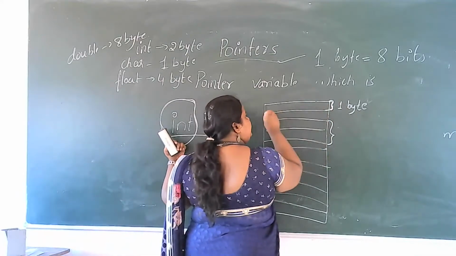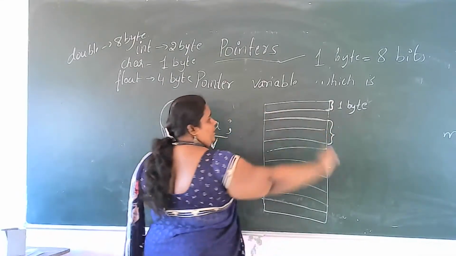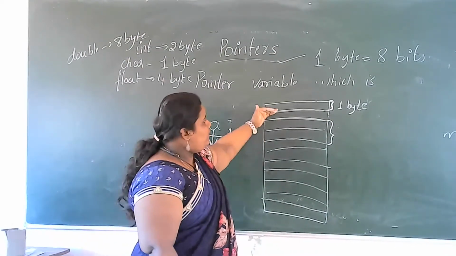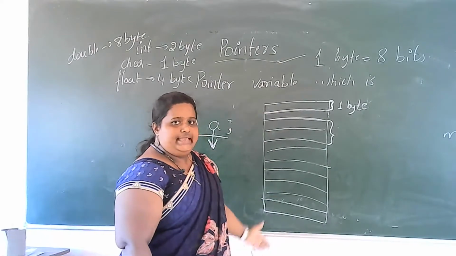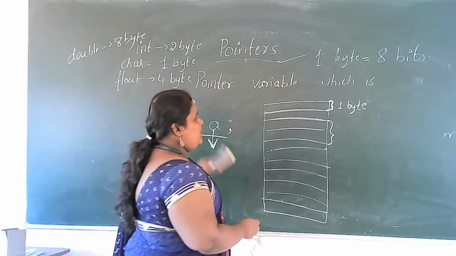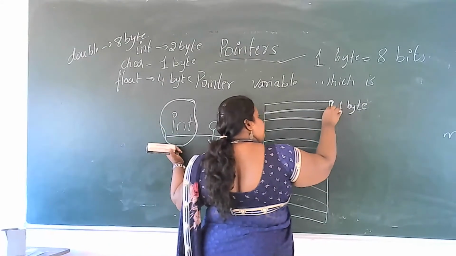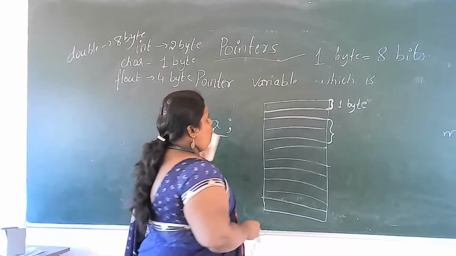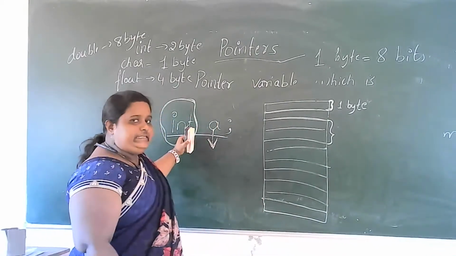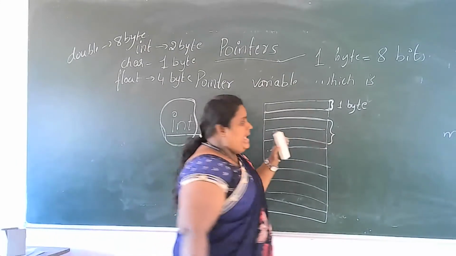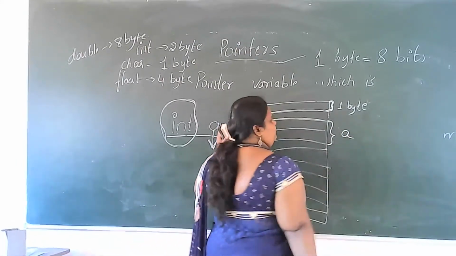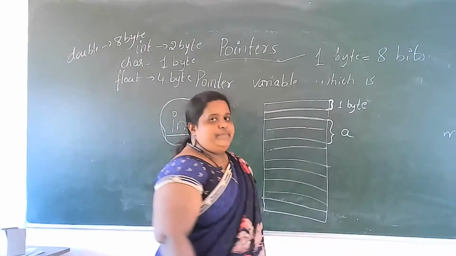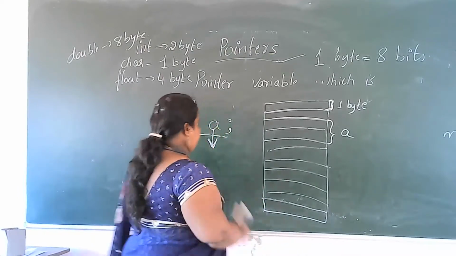As I told, each block is of size 1 byte, so 2 blocks will be allocated for your a.